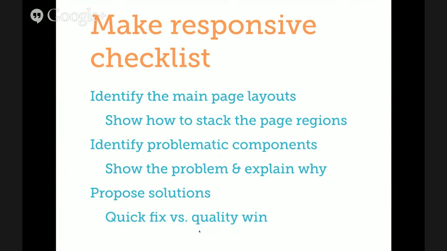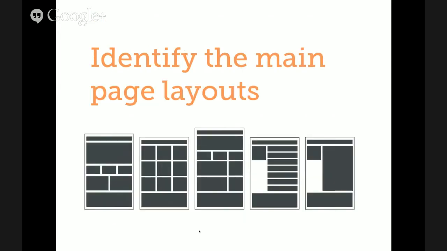Then we have to identify the problematic components on the page, show why that's a problem and explain it. And then we have to propose solutions where it makes sense to make a distinction between quick fixes and quality wins. So I'll go over these, and we can look at an example at the end.